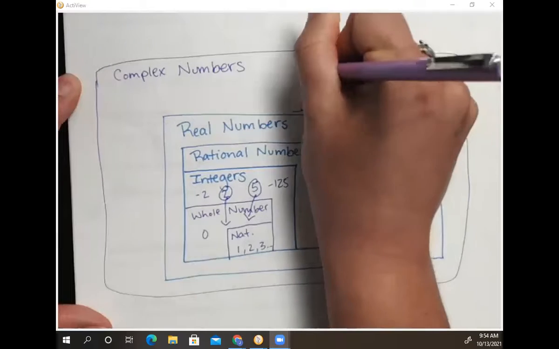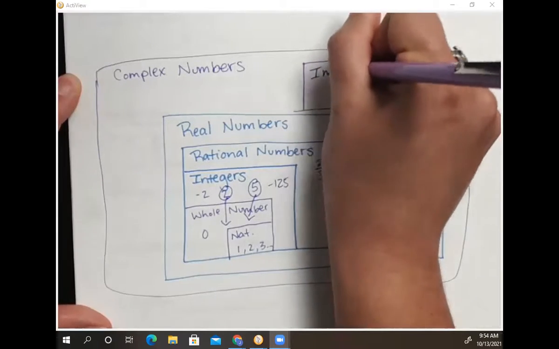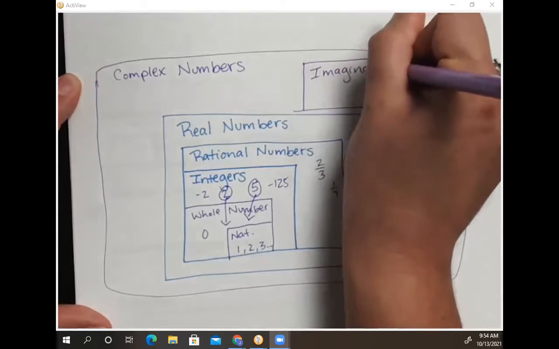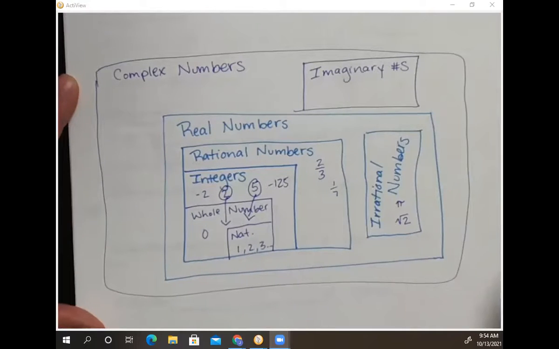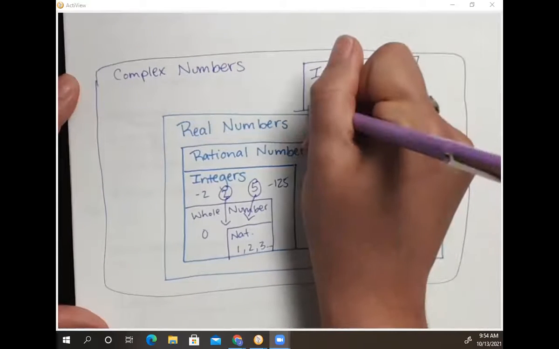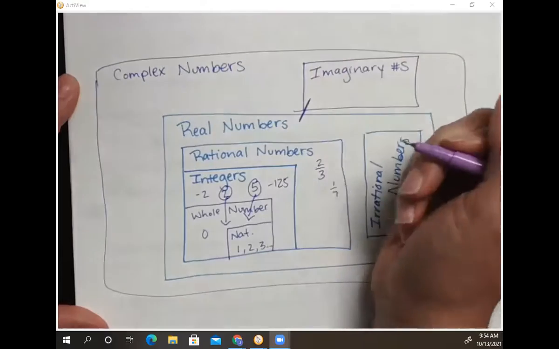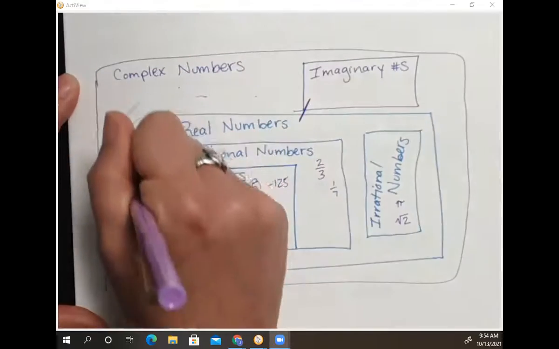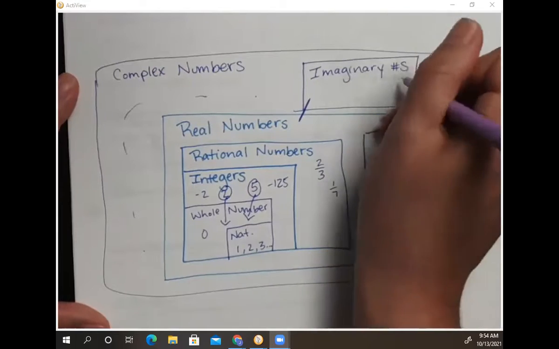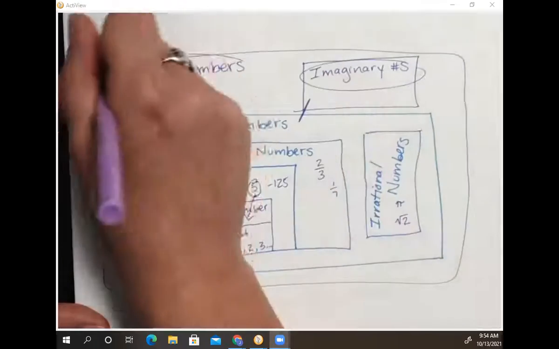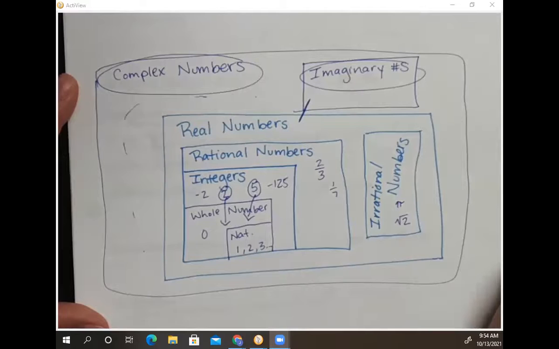And that's what we're going to talk about today. In some cases, there is some overlap between these two, which falls out in the just complex number area, not just a real number, not just an imaginary number. Imaginary numbers and complex numbers are what we're going to see today.